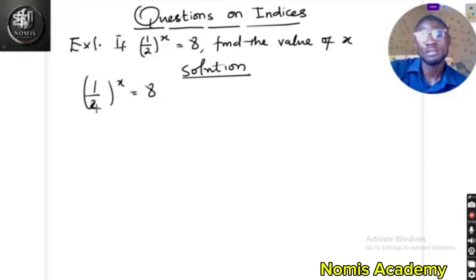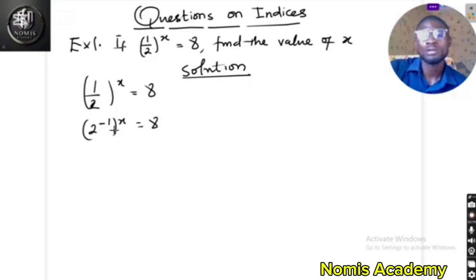So this definitely can be written as 2 raised to the power of minus 1, because from the law of indices we have learned that 1 all over 2 can be written as 2 to the power of minus 1. So 1 all over 2 becomes this, and then since we have another power here, x, we can write this, that is equal to 8.